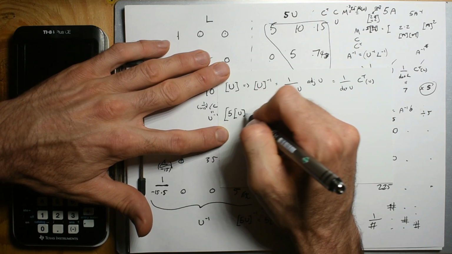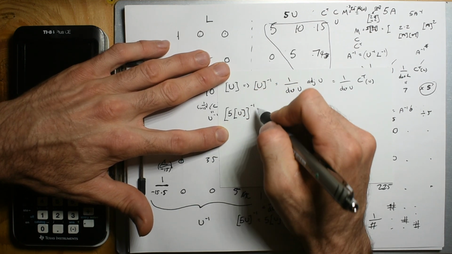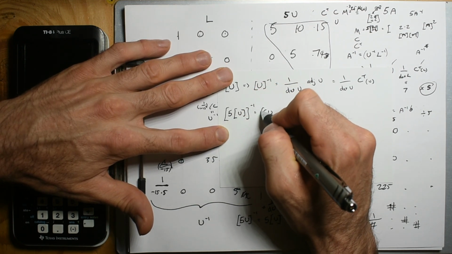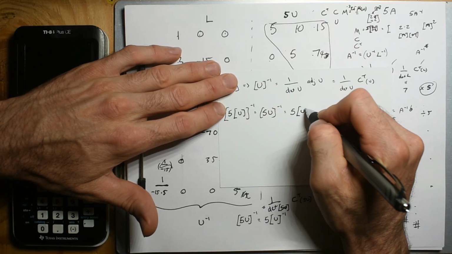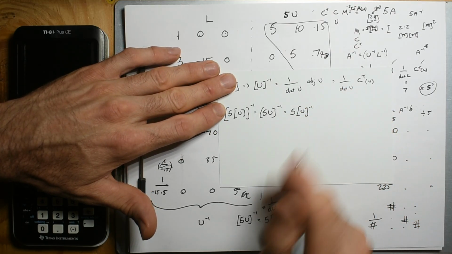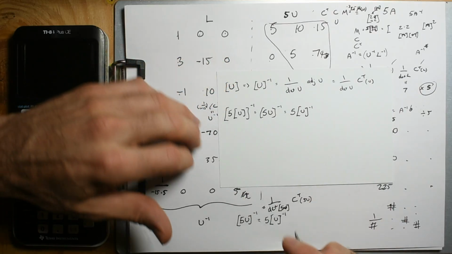And if I took the inverse of this, well, that's 5 times U. And if I took the inverse of that, that's 5 inverse U, because the scalar can come out, due to matrix properties.